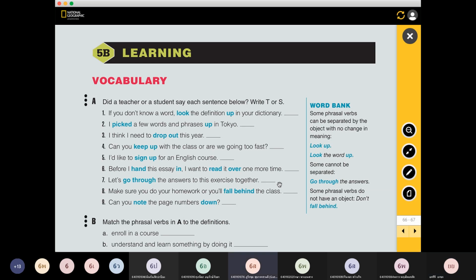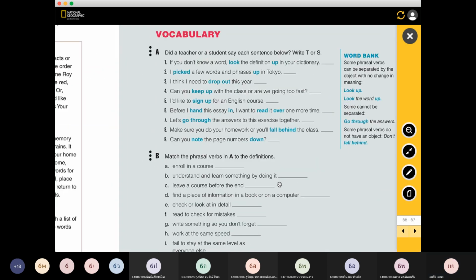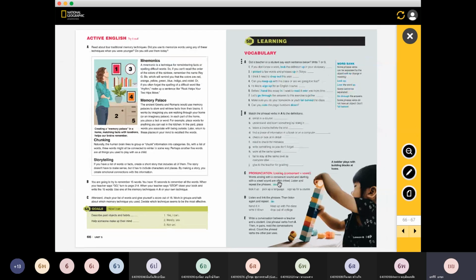Okay, so that's good. Because there are a lot of things to memorize, right? When we talk about the brain, we are not only using our brain to memorize things.